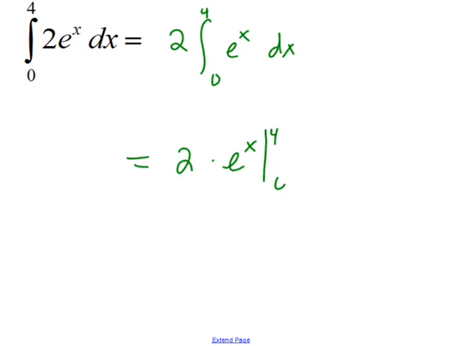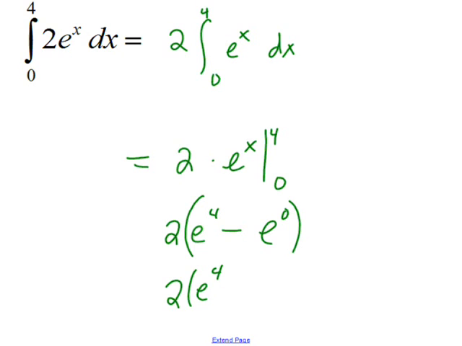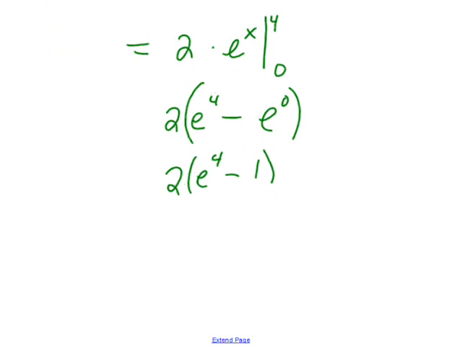And so I evaluate e to the x at 4 and 0, so it's 2 times e to the 4 minus e to the 0, and e to the 0, please be careful that you don't put 0 there. E to the 0 is 1. And so you could write it that way, or 2e to the 4th minus 2.